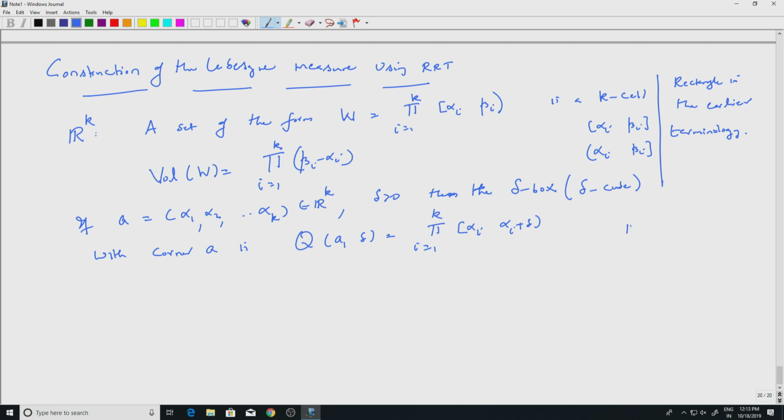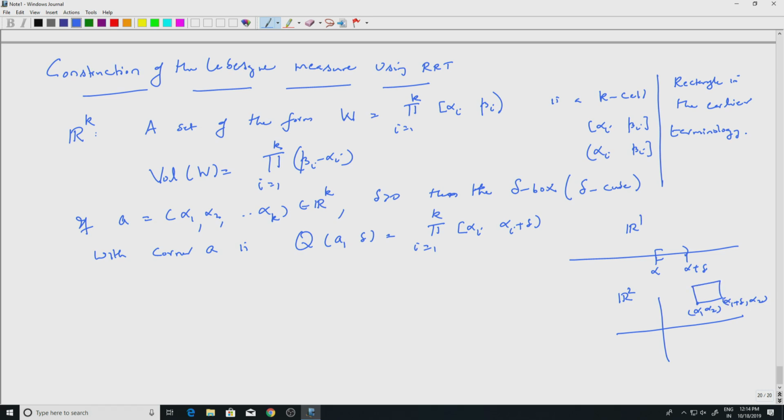So, let us look at R1. In R1 there is only one coordinate, so I will have some alpha and alpha plus delta. In R2, if I take a point here, alpha_1, alpha_2, you go this way to alpha_1 plus delta, to alpha_2 plus delta, and similarly here.